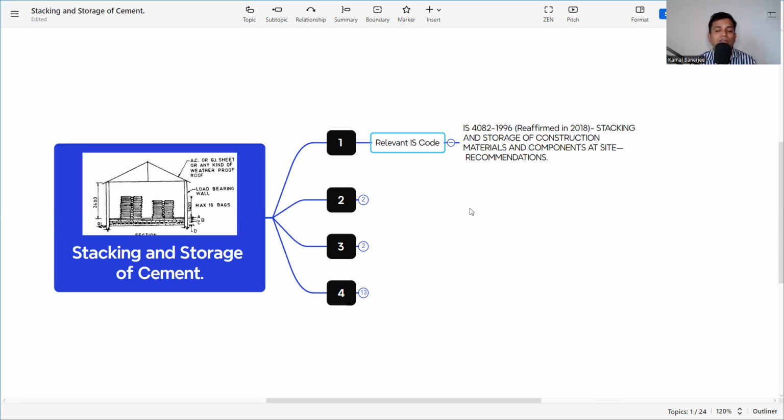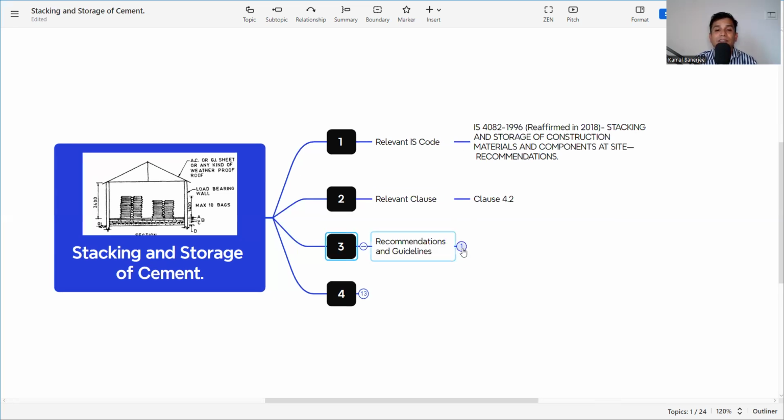But today we'll discuss only cement. So which is the relevant clause? That relevant clause is clause 4.2, and the recommendation guidelines are given in clauses 4.2.1 to 4.2.5. Now I will go to the IS code and we will check what the guidelines are for cement stacking and storage.